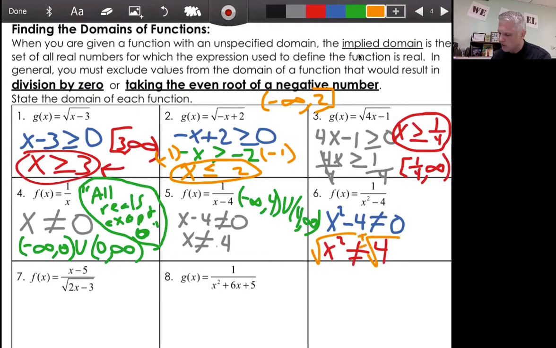So the answer is x is everything but plus or minus, and then the square root of 4 is 2. Okay, so if you're going to write out in words, you'd say all reals except 2 and negative 2. Okay, I'll say that again. All reals except 2 and negative 2.